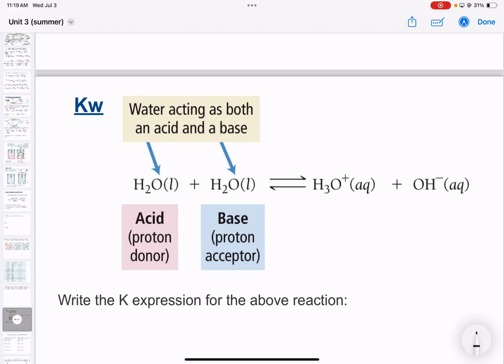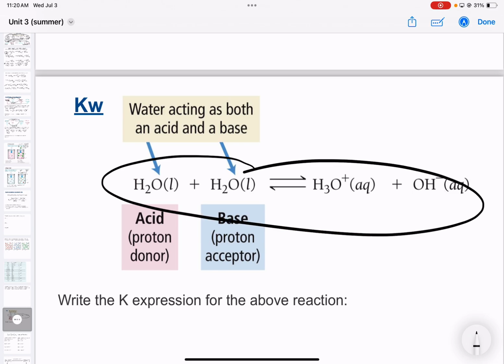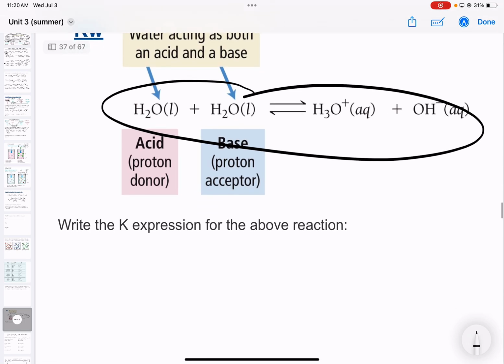We're going to throw in this idea of pOH, okay? So this all depends on the fact that in a water solution, this reaction is always happening to a very, very small extent. Water reacts with itself and forms H3O plus and OH minus. Okay, it happens a very, very small amount.